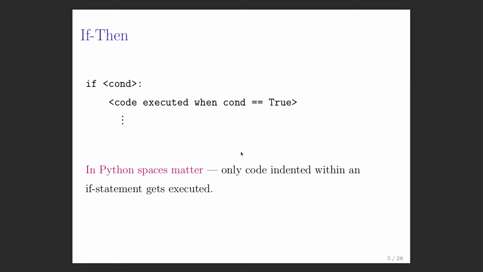In this case, only code indented within the if statement gets executed. So if this code block was unindented, it's no longer considered part of the if statement, which is much different than programming languages like C or Pascal or Java, where code blocks are indicated by braces. Right? So you really have to be careful with your spacing here because Python uses it.